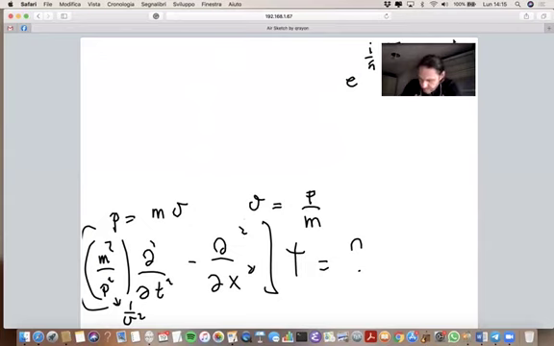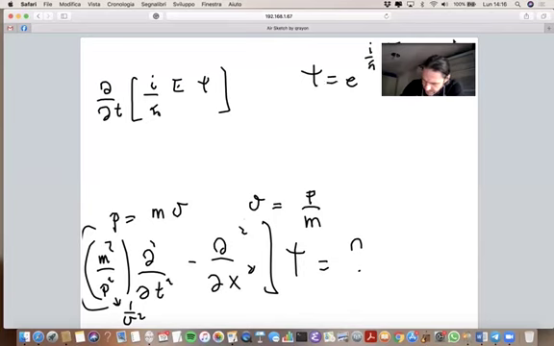The first derivative with respect to time will give me i over h bar times e to the i over h bar and then psi. And the second derivative with respect to time will give me i squared over h bar squared, which is minus 1, with an additional factor, and then psi.